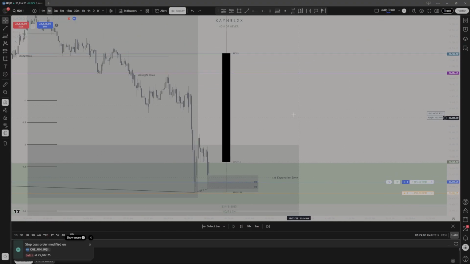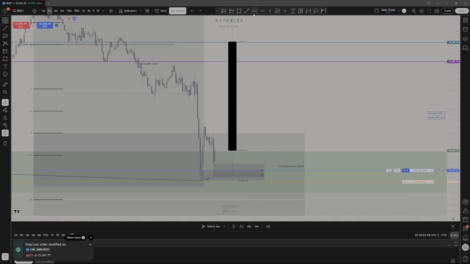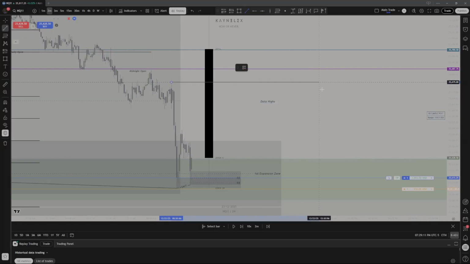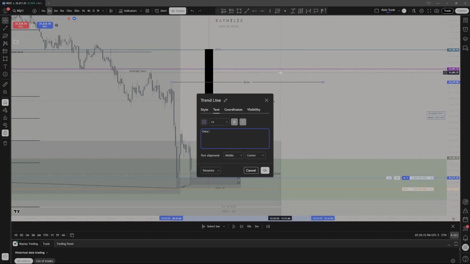And then your TP. Take profits are usually data highs. We had data highs right here at 8:30, which is my take profit for today. Data high wick.